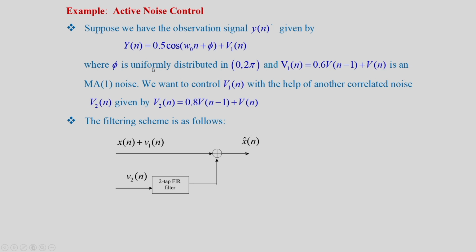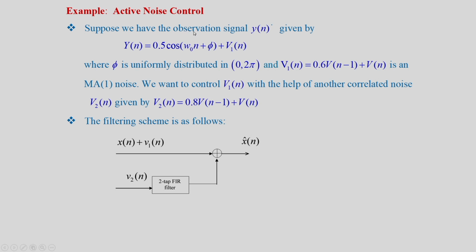Let us consider one example. This is a very important application, what is known as active noise control. If we have to cancel the noise in a recording room, then active noise control can be applied.